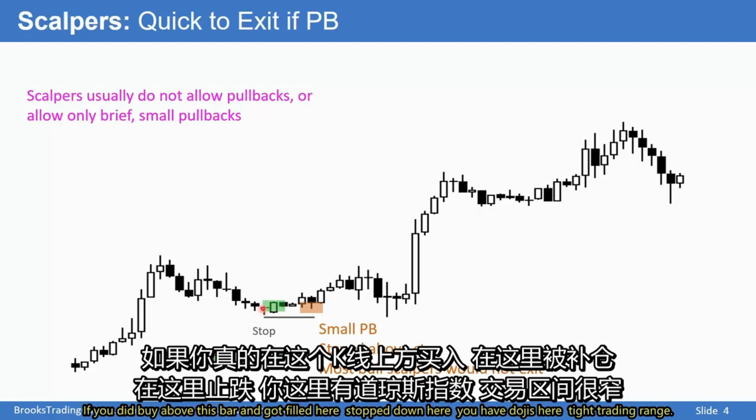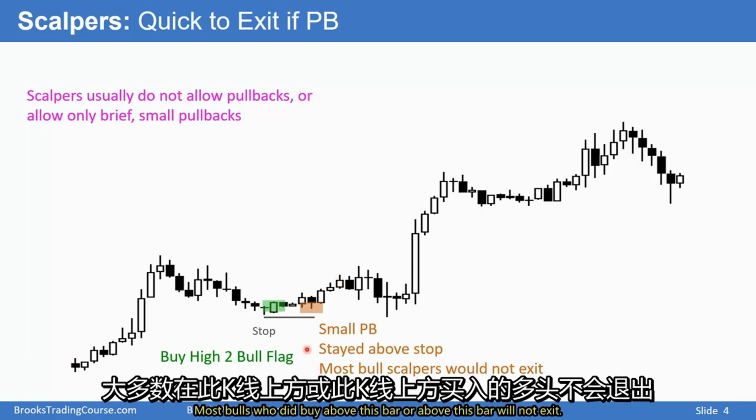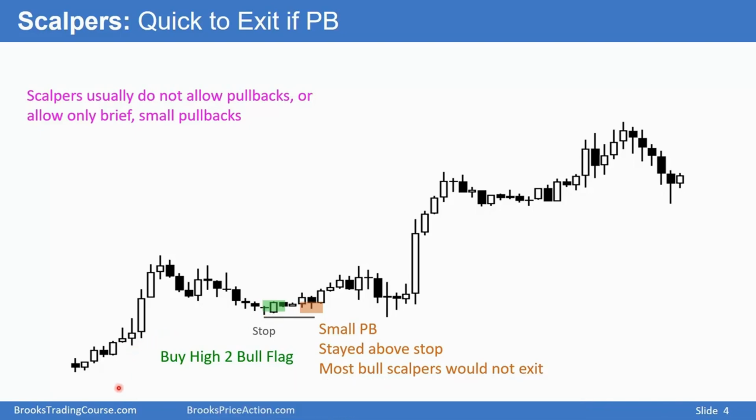If you did buy above this bar and got filled here, stop down here, you have dojis here, tight trading range. Maybe you'll allow the pullback, hoping for a little bit more up. Most bulls who did buy above this bar or above this bar will not exit. They'll probably either rely on a stop here or possibly a stop down here.